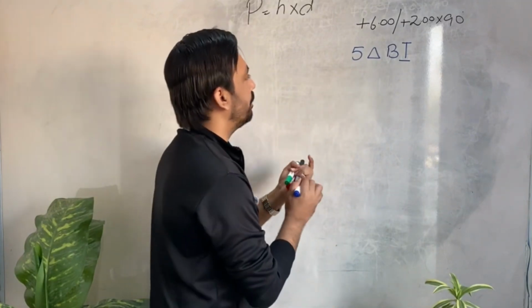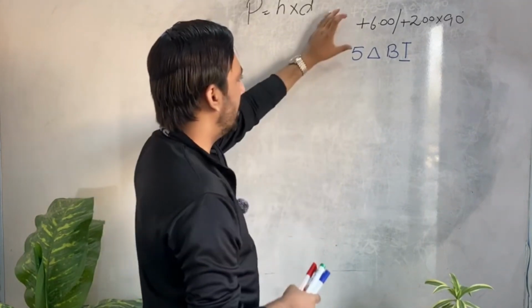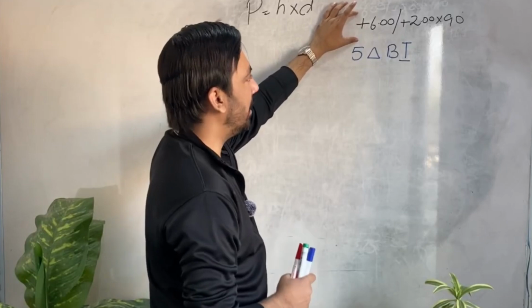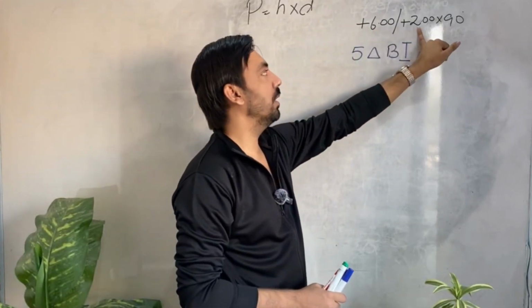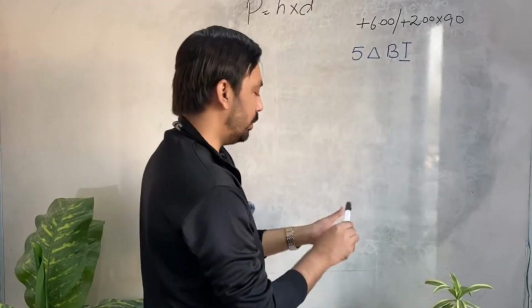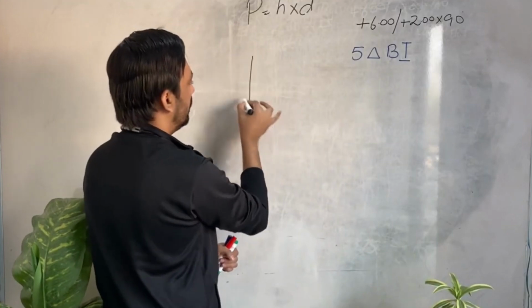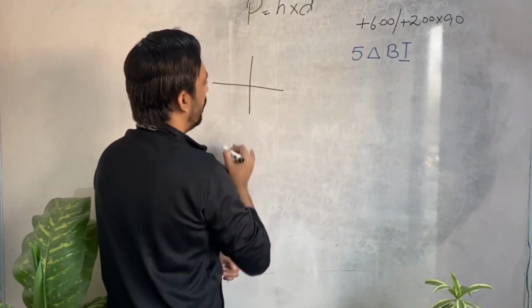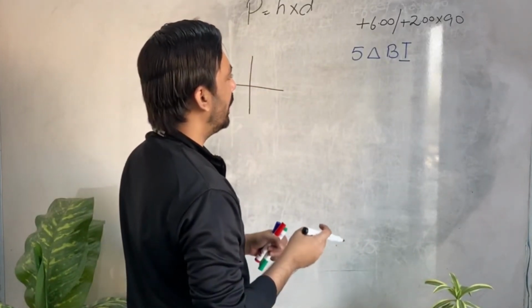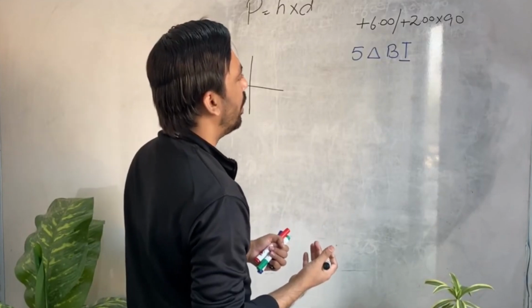If you have a prescription like that, having cylindrical power, first of all you will make an optical cross, and now we will learn how to draw an optical cross of this prescription.